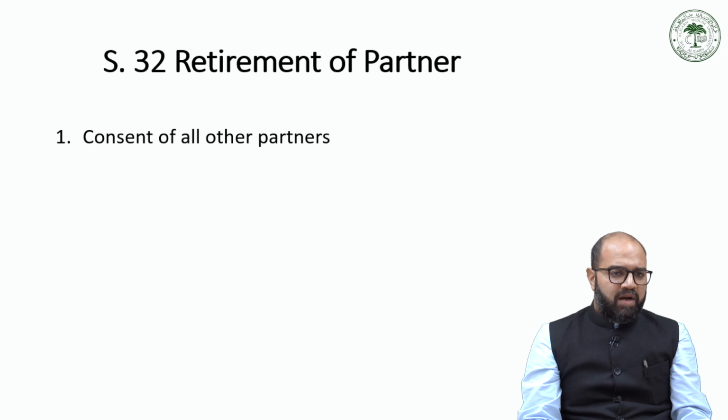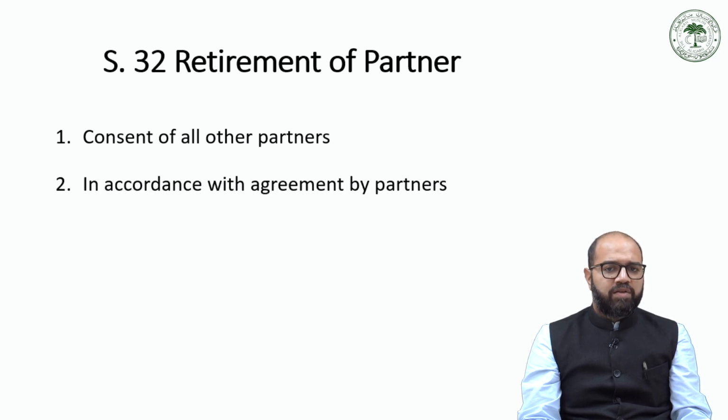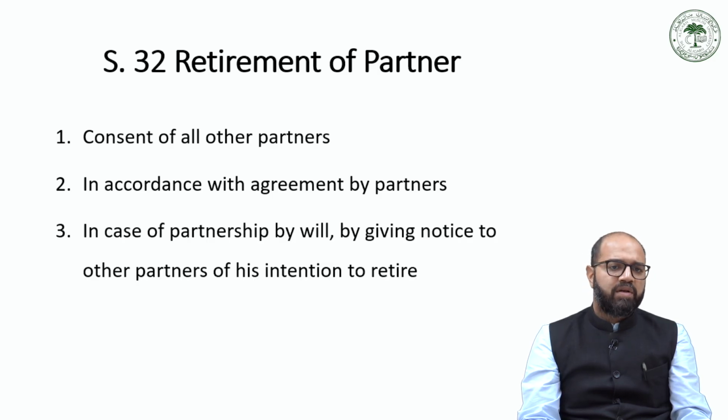So a partner may retire firstly with the consent of all other partners. Secondly, in accordance with the agreement between the partners, or in case of a partnership at will, by giving notice to other partners of his intention to retire.